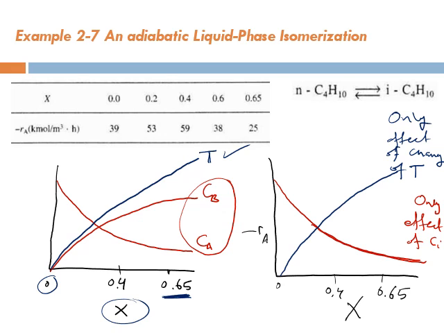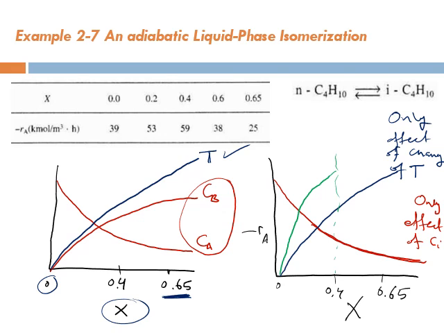So now let's plot the actual rate of reaction. At the beginning the increase in temperature wins, so that means that the rate of reaction will increase, and this will continue until 0.4.